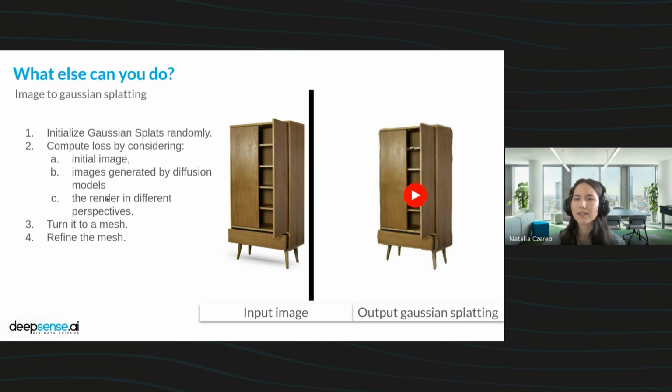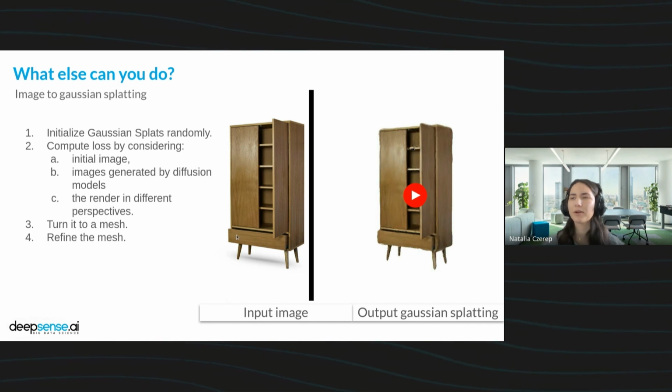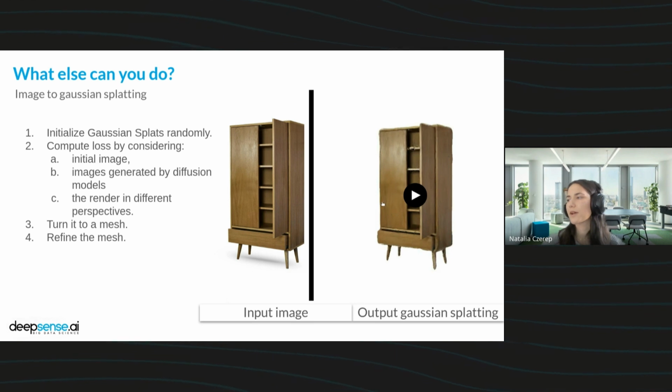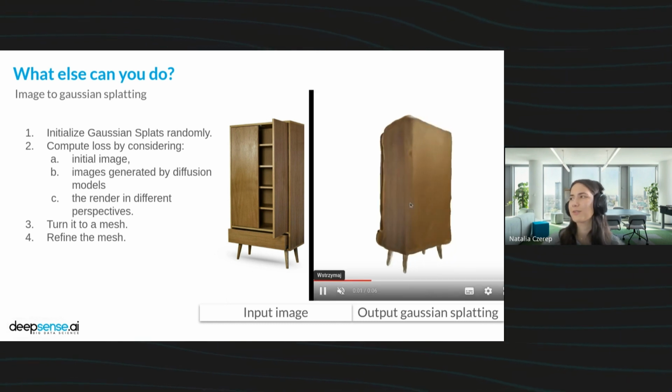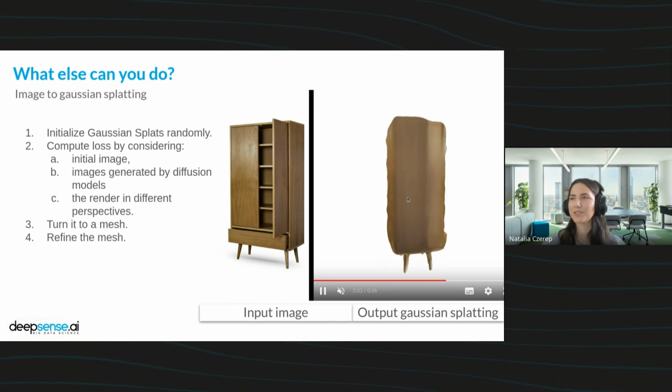With the right initial capture, so just one image, we were able to do a Gaussian splatting, so a 3D render of this object. Everything thanks to a smart definition of the loss.